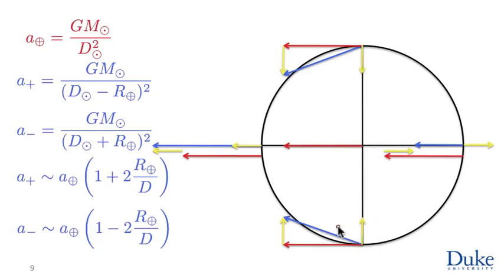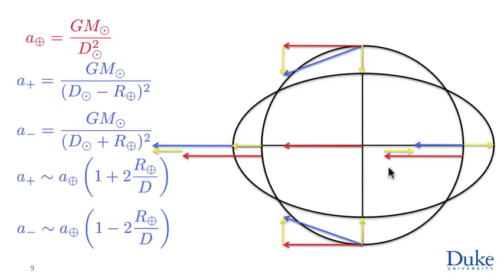In other words, the sun is doing its best to smush the Earth into this oval that is elongated in the direction of the sun. And so, of course, the Earth is kind of a rigid object. The sun cannot manage to deform the Earth, but the Earth is under some kind of tidal stress.